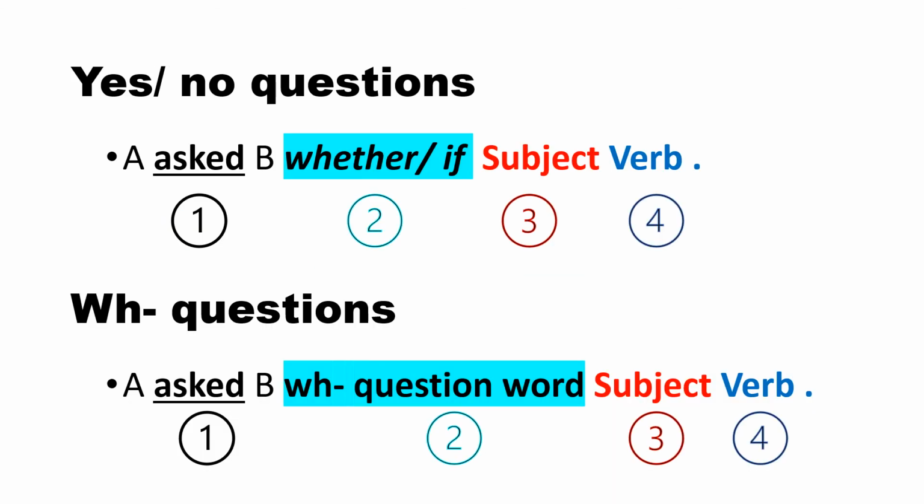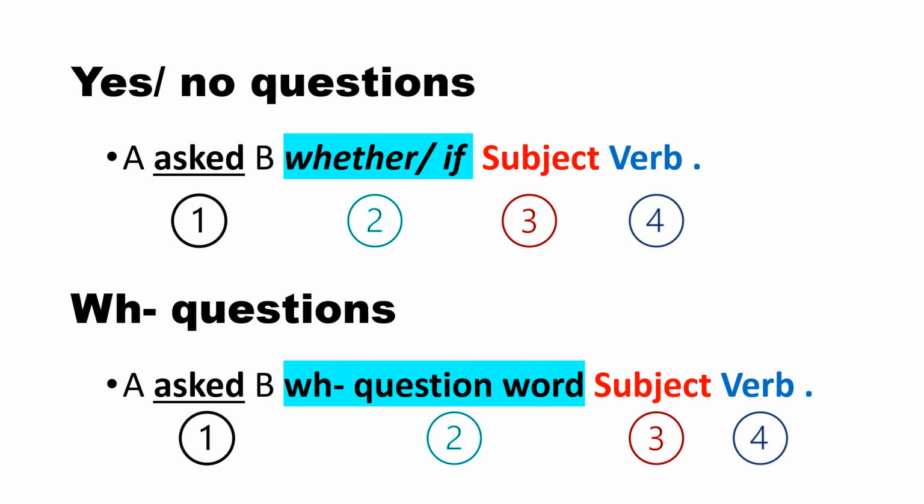Here's a summary of the structures of reported yes-no questions and reported WH questions. Number 1, reporting verb. Number 2, whether or if for yes-no questions, and WH question word for WH questions. Number 3, subject.